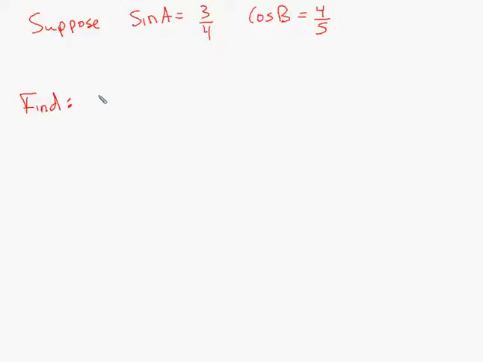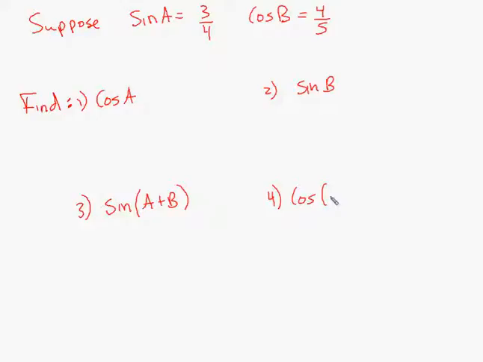I'm going to have several questions here. Let's find, number 1, cosine of A. Number 2, sine of B. And then third, what is the sine of A plus B? And fourth, what is the cosine of A plus B?